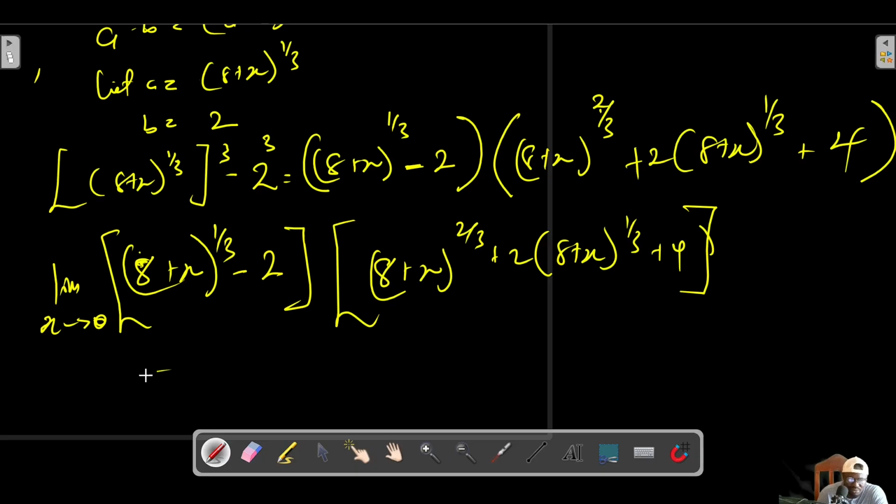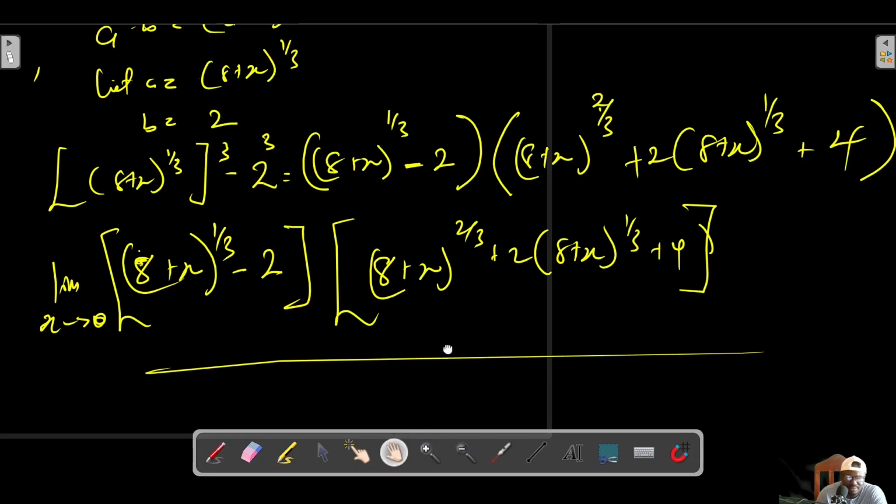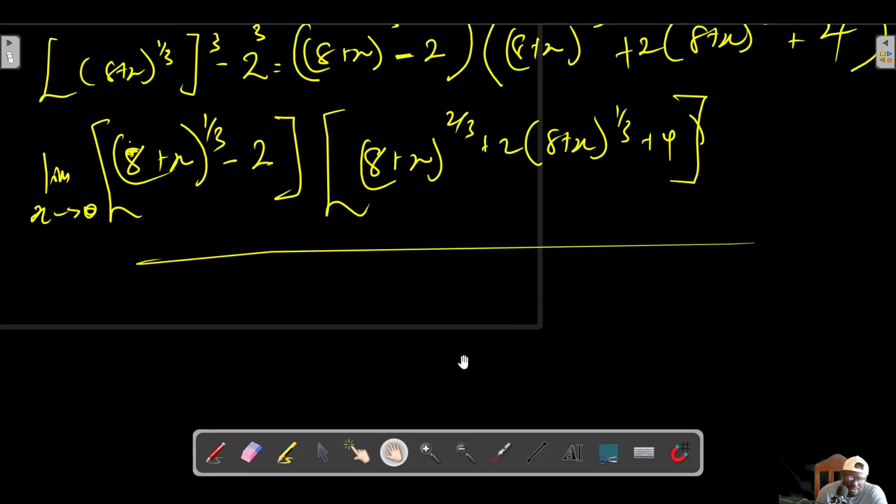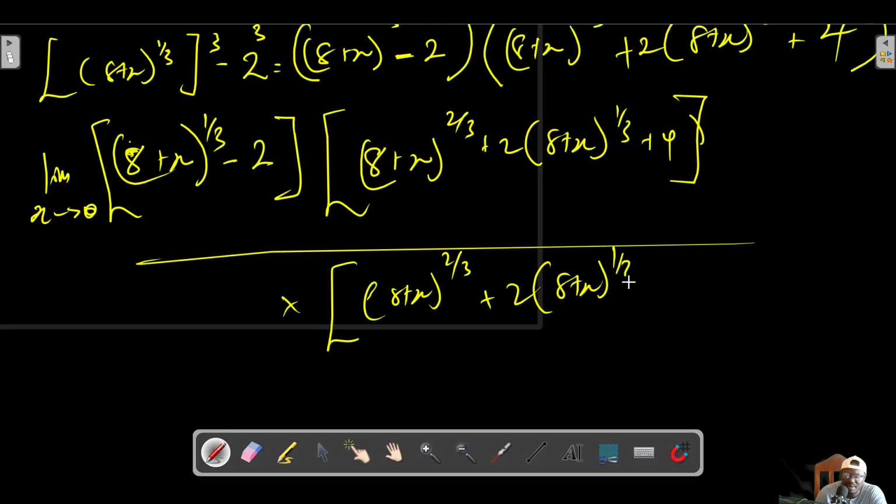Do the same to the denominator as well. The denominator was x, so x multiplying 8 plus x raised to the power 2 over 3 plus 2 multiplying 8 plus x raised to the power 1 over 3 plus 4.